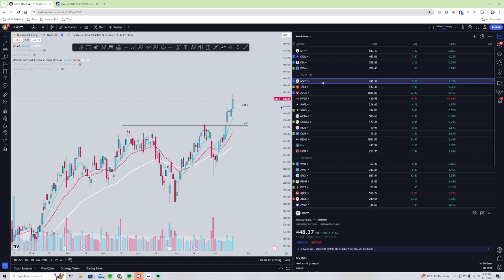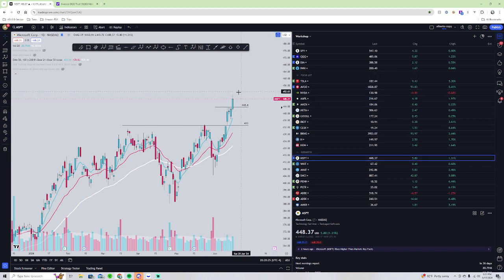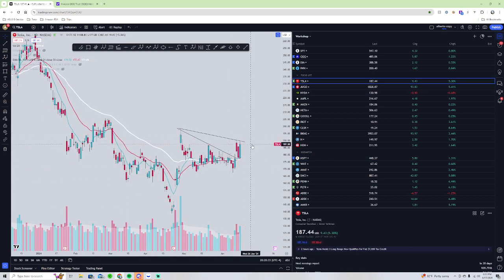So Microsoft, right off the get-go, already moved too much today. There's not really anything super tight on it, so I would put it on the side watch list. Tesla, I think that this one's still tight. I know it moved a lot today, but I still think it's tight because it hasn't really broken out over previous highs yet. So this one I would probably put on my focus list.